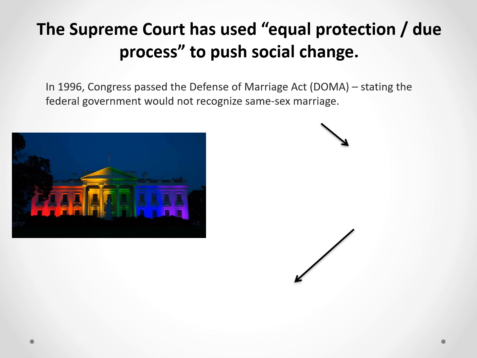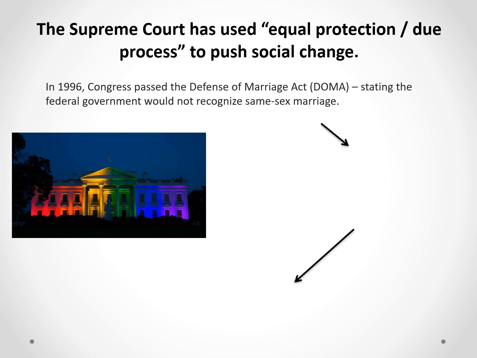In 1996, Congress passed the Defense of Marriage Act, or DOMA. Okay, so this was passed by large veto-proof majorities in Congress and signed by Democrat President Bill Clinton. So it had large public support behind this act, and it said the federal government would not recognize same-sex marriage.